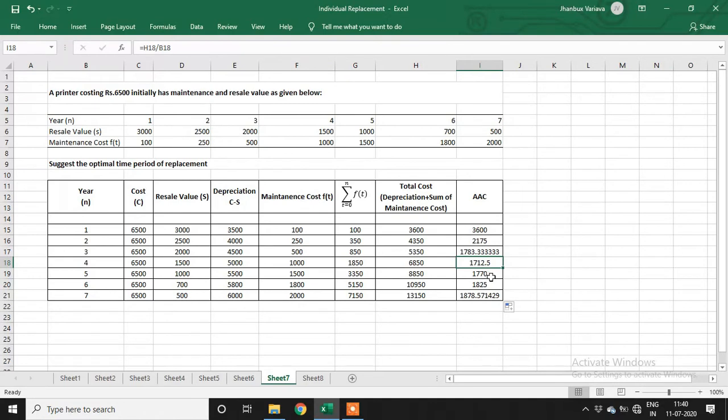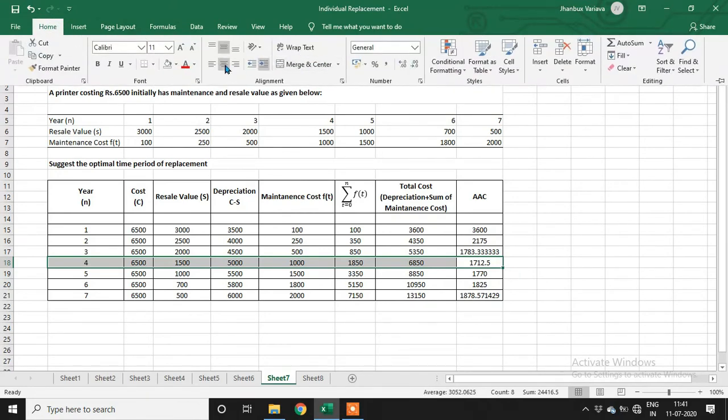For example, look over here, there is an increase to 1770 rupees. So it has now started increasing. So what is our optimum time? This particular year is giving us the optimum time.